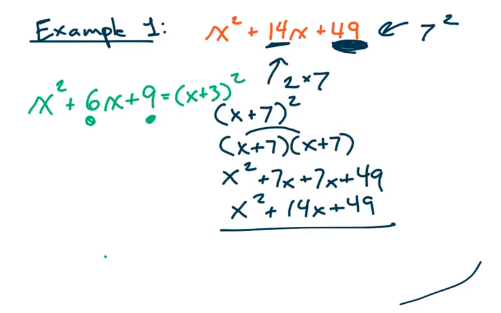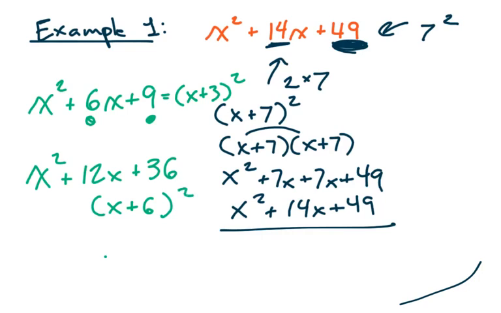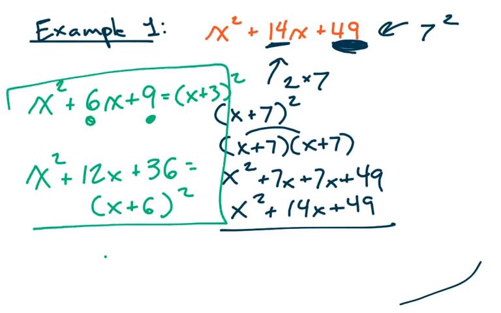Anything like this, x squared plus 12x plus 36, that is going to be x plus 6 squared, because 2 times 6 is 12 and 6 squared is 36. Okay, so this is the pattern that we're going to use for completing the square, and it's a very, very useful pattern.